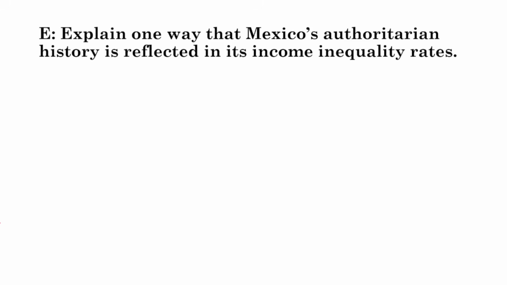Part E, explain one way that Mexico's authoritarian history is reflected in its income inequality rate. So what are some historical reasons that Mexico has income inequality due to being an authoritarian regime?